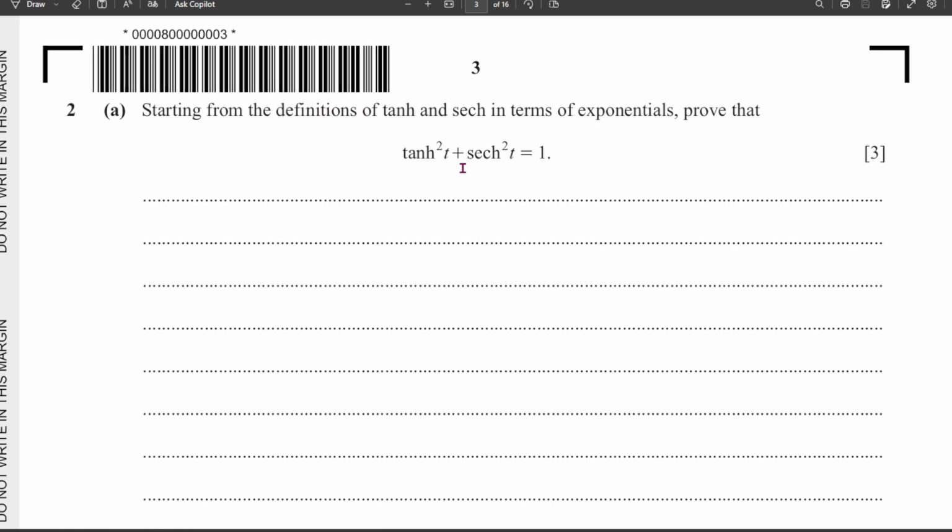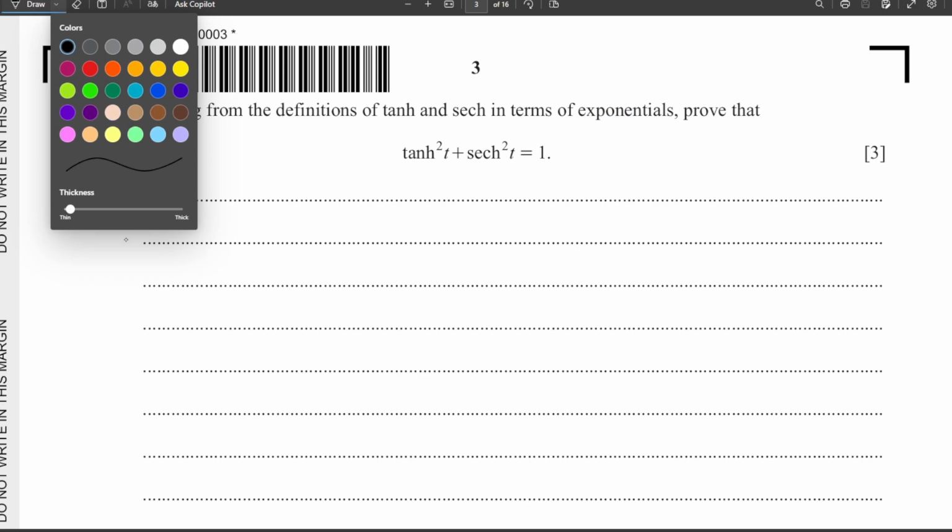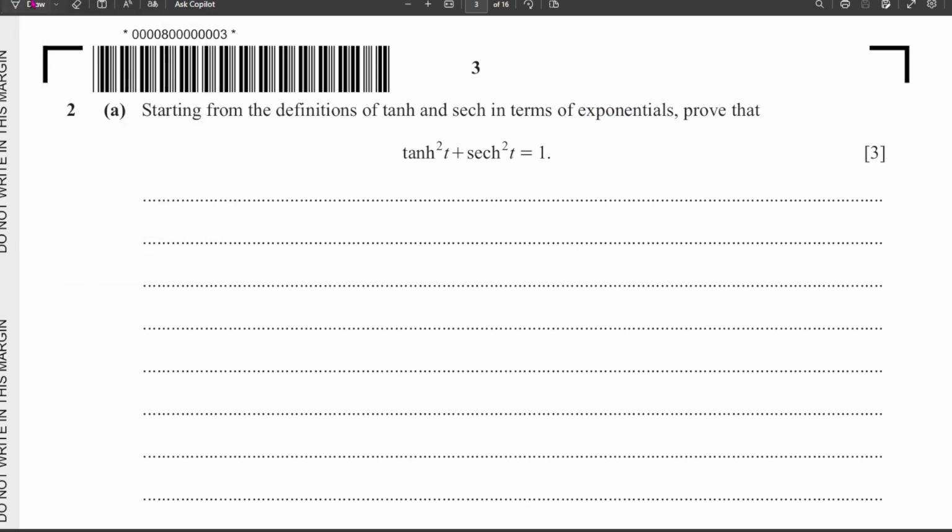And we want to prove an identity: hyperbolic tangent squared and the hyperbolic secant squared will be equal to 1. So you want to use the definition using the exponentials. Let's recall first about the definition, right?